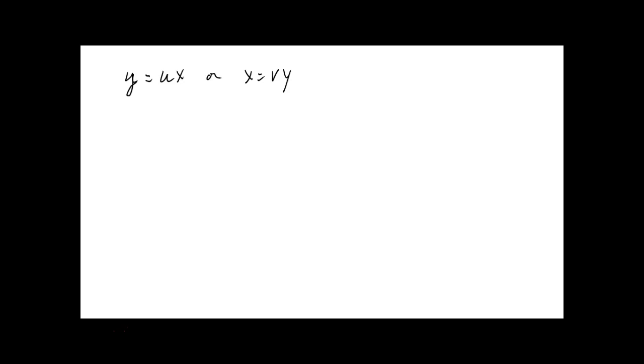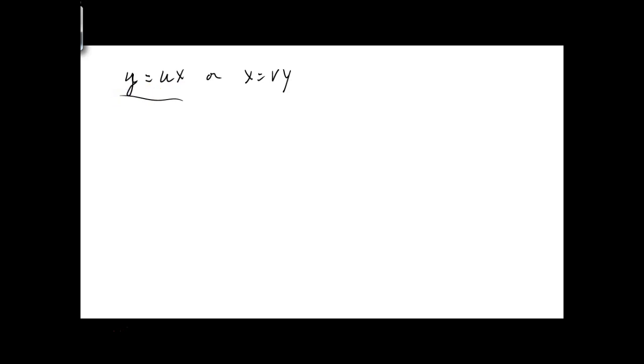And it says to show this, observe that as a consequence of, okay, they went through a lot of action up here, where u is equal to y over x, so that would be y is equal to ux.